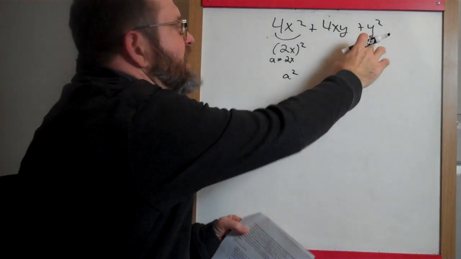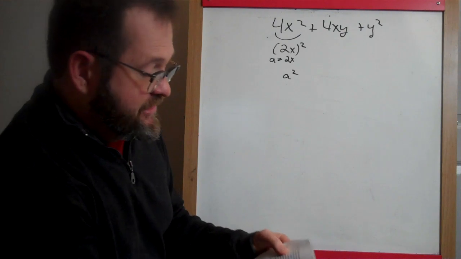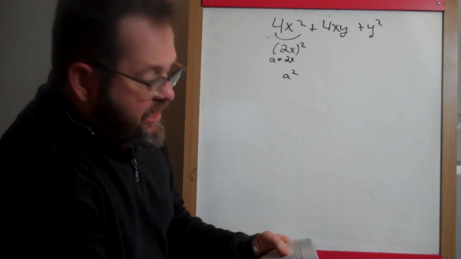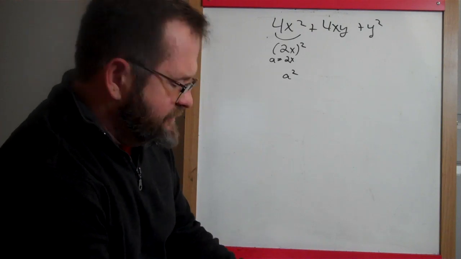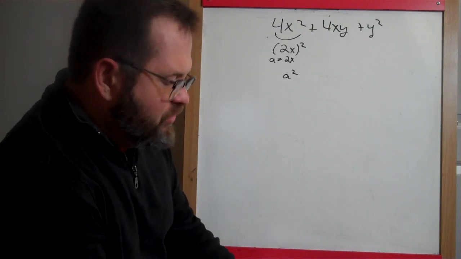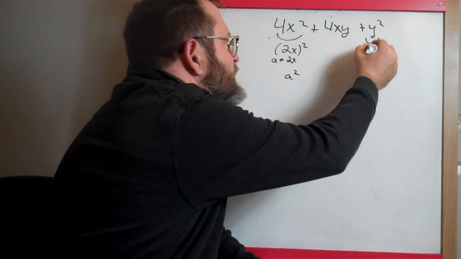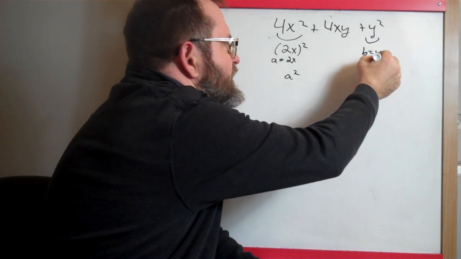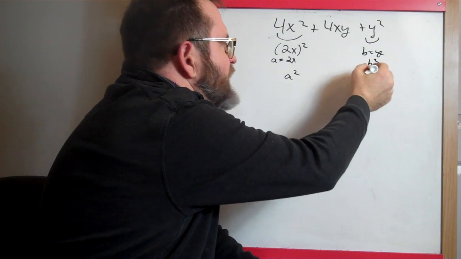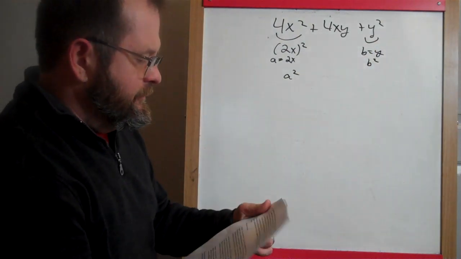How about the last term? Is that constant term positive? Sure, it's got a positive sign in front of it. Can it be written as some quantity b²? Yeah, b equals y, and then this is b². So yes, we're good with that one.